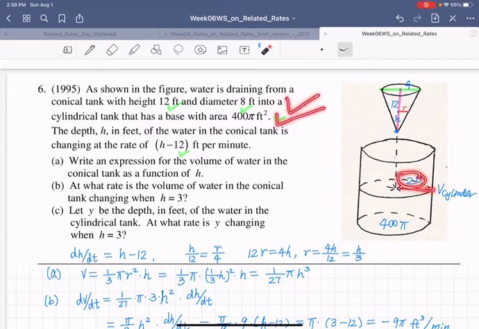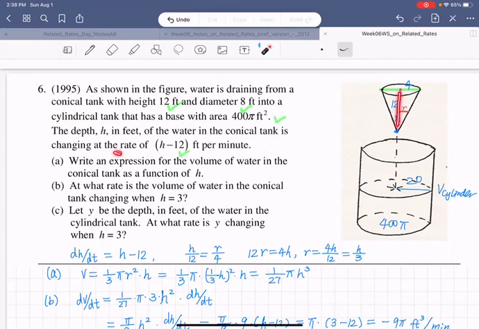Now, so far, we finished the top. And the next, the depth h of the water in the conical tank is changing at a rate of h minus 12.